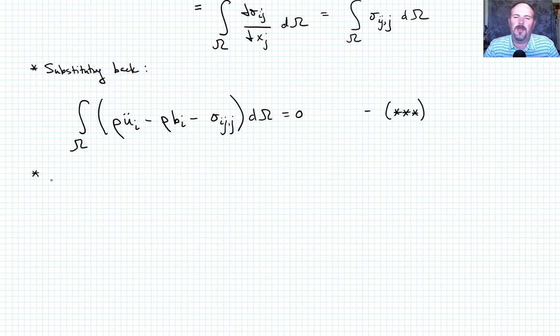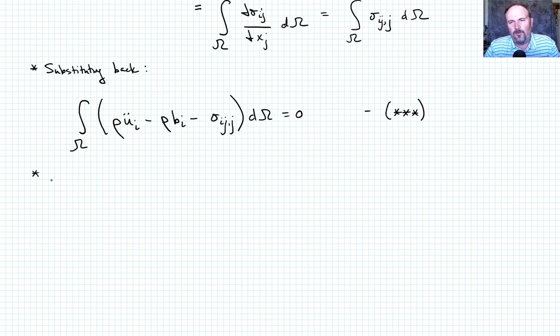Okay, so what do we do from here? We have to think a little bit about what this is saying. This equation, there was nothing specific about the body that we chose. So we actually could choose not only the body, but any subset of the body, and this equation, triple star, would hold true. What does that mean? That means that this equation holds true over an arbitrary volume.